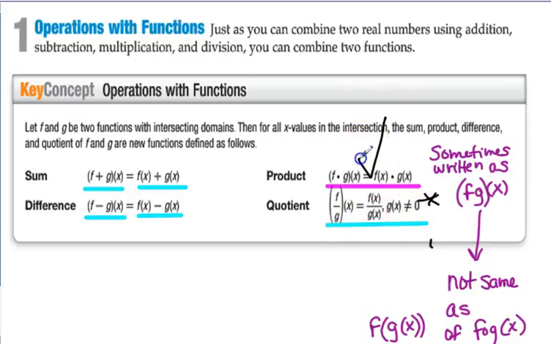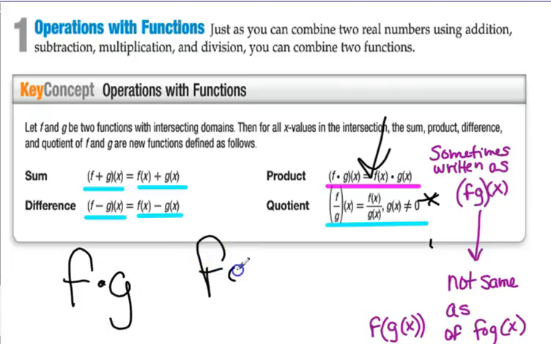This is the one students sometimes struggle with because you have to read it really carefully. Sometimes people get it confused with this, which we're going to talk about in a minute. This means f of g, which means put g into f. If it's a solid dot here, it means to multiply f times g.